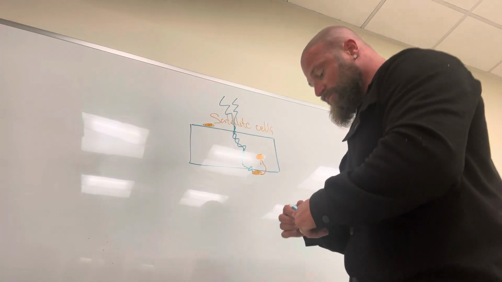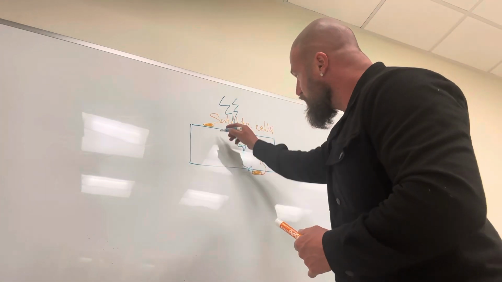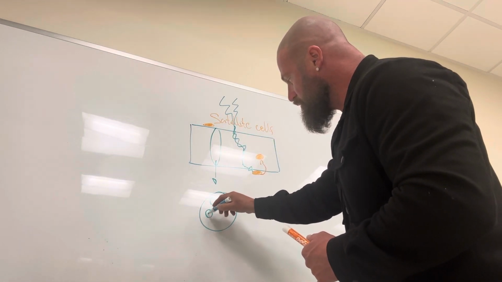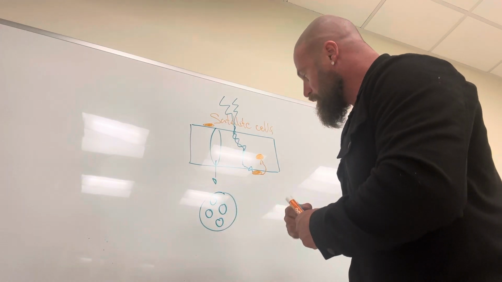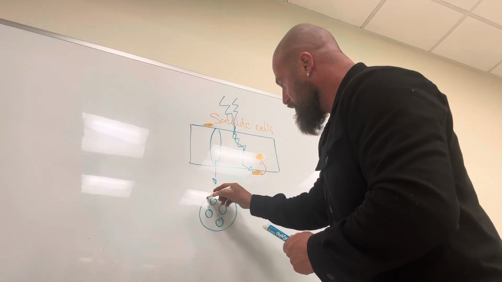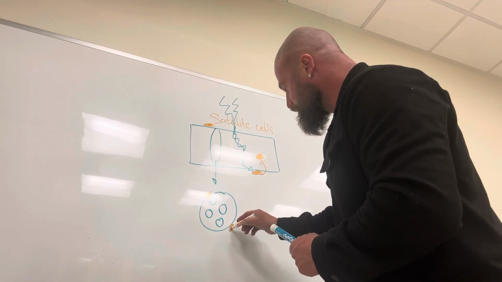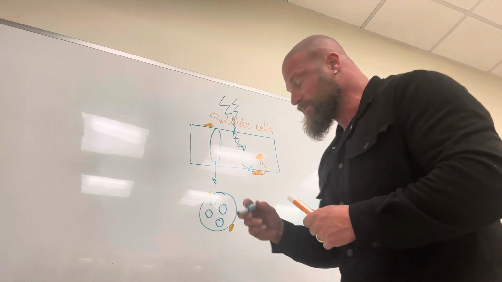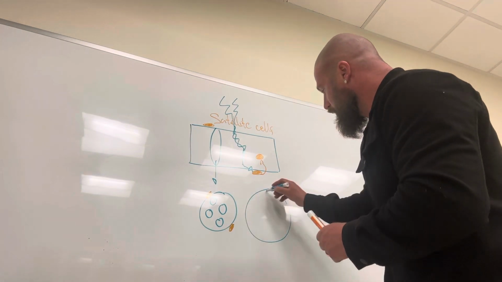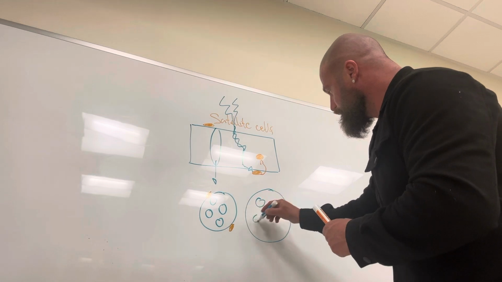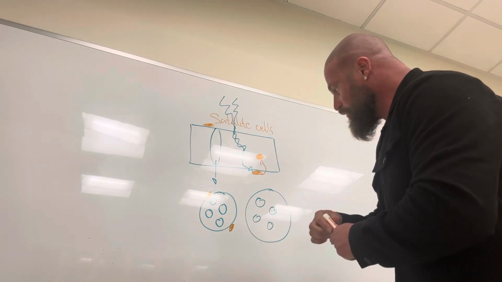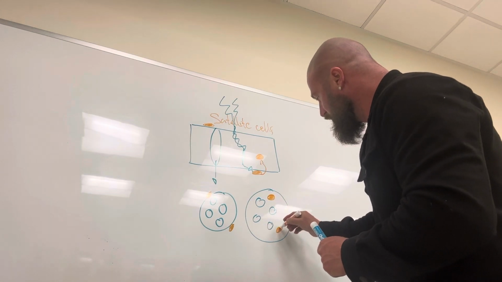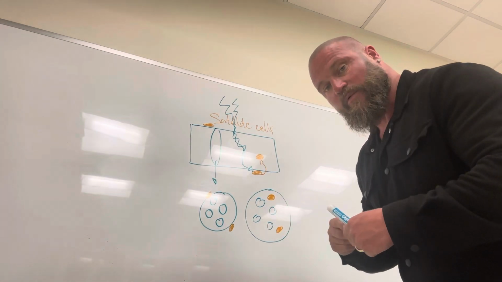Okay, so if we look at the cross section, so we just take an image here. So this is before, and here we have our satellite cells. And now after the tear, after we worked out, we have our satellite cells fusing with the myofiber.